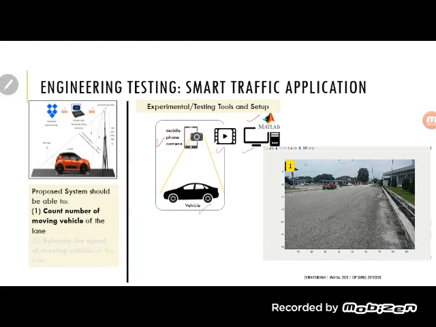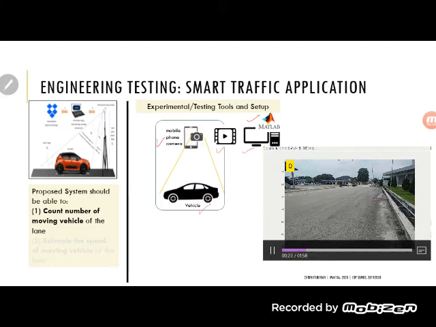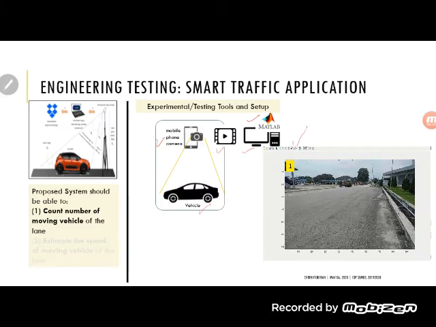So as you can see here, the yellow box indicates the number of detected vehicles, right? So when there is a moving vehicle detected, it will show the number. If not, it counts 0.